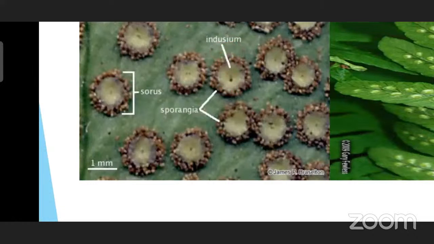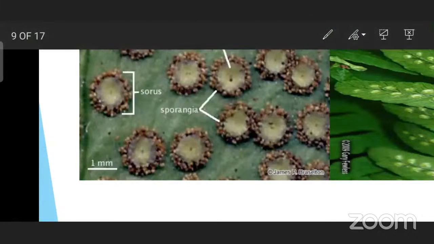Okay, so the upper surface of the leaf will be present, and this is the lower surface. For example, on the lower surface you can see such type of arrangement.